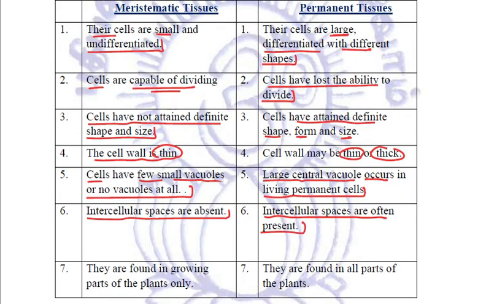When we talk about the location, the meristematic tissues are found in growing parts of the plants only. Once again, it all depends upon their function. Their function is to divide and to help in the growth of the plants. So they are present in all those parts which are the growing parts of the plants. But the permanent tissues are found in all the parts of the plants, right?